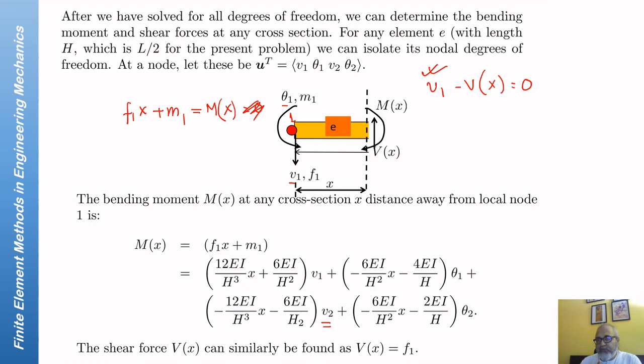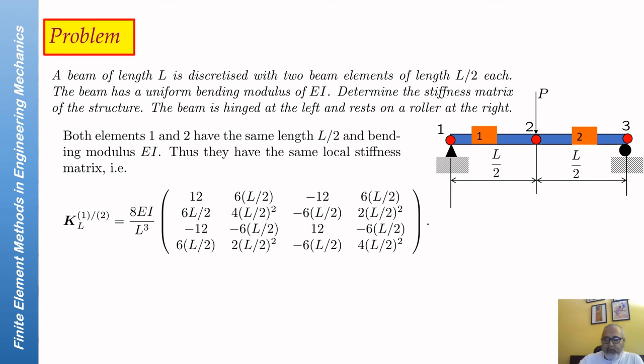So this is how we solve for the bending moments and the shear forces after we have got all the displacements. What we do is, after we have got the displacements, we go back to the local stiffness equations for each element, and so we go back to this and then plug in all the degrees of freedom for that element, do the multiplications to get F1, M1, F2, M2.